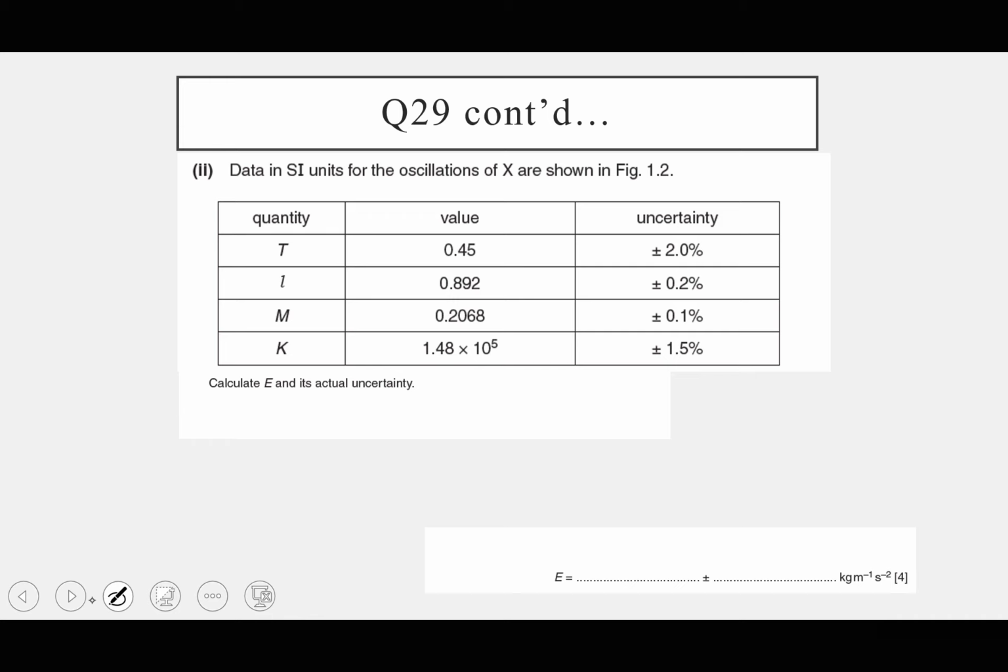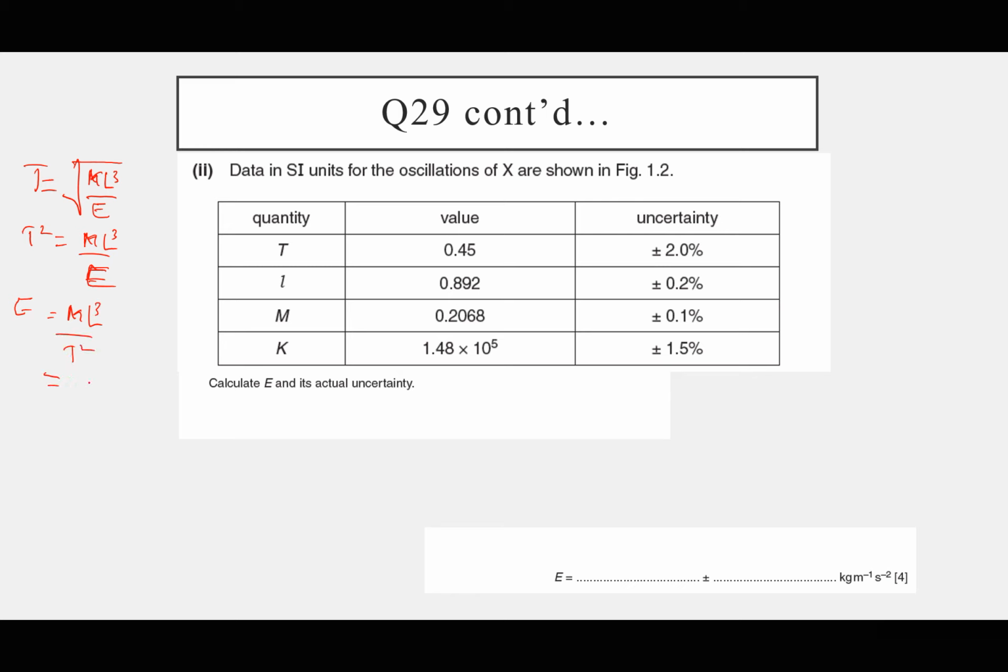So they have given us that T is equal to the square root of M L cubed divided by the Young modulus. They want us to calculate E. I'm making E the subject straight away. Square both sides, it becomes T squared is equal to M L cubed over E. So that means E is going to be M L cubed over T squared.